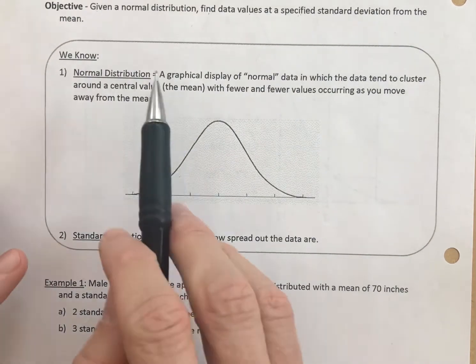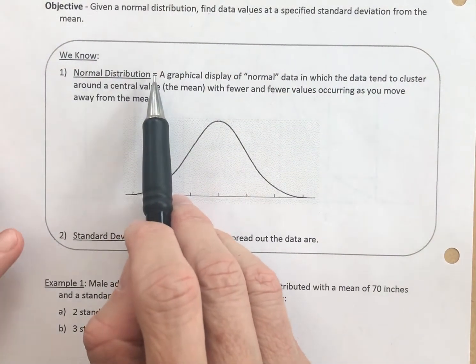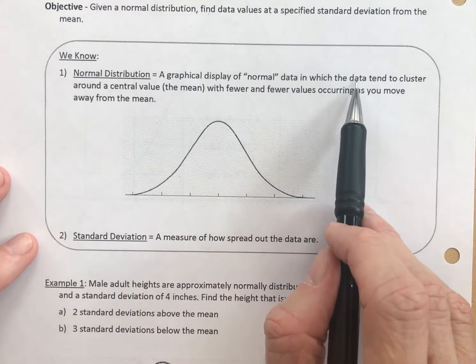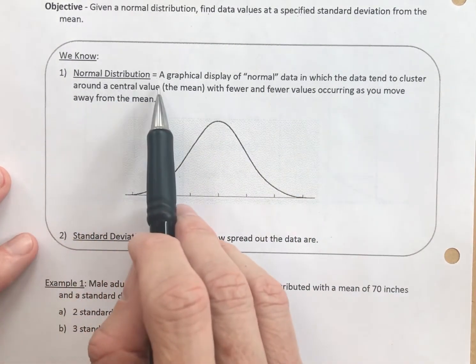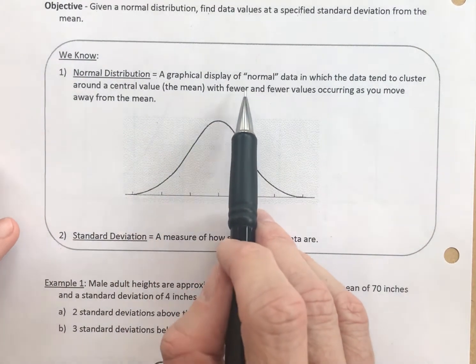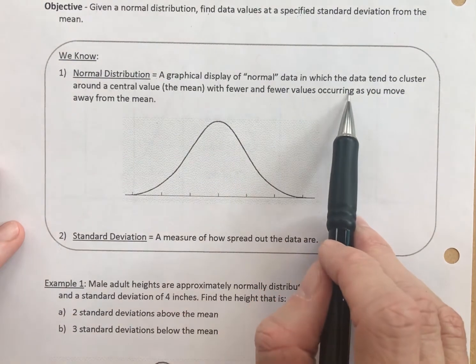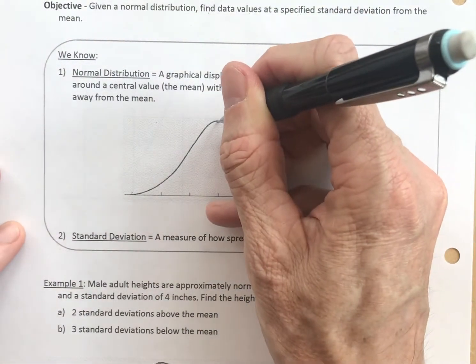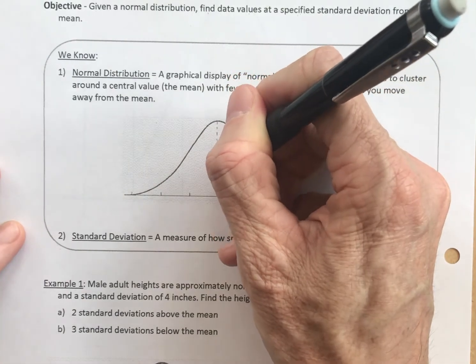Well, we know what a normal distribution is: a graphical display of normal data in which the data tend to cluster around a central value. We focus on the mean, with fewer and fewer values occurring as you move away from the mean. So here's the mean.